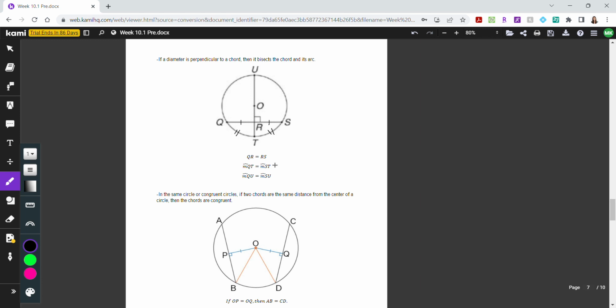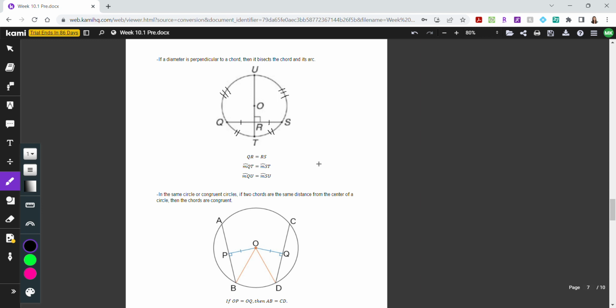As you can see here, because UT, which is the diameter, bisects chord QS, QR would equal RS, and the measure of arc QT would equal the measure of arc ST, and the same thing we can say, the measure of arc QU would be the same as the measure of arc SU. All right, there we go.